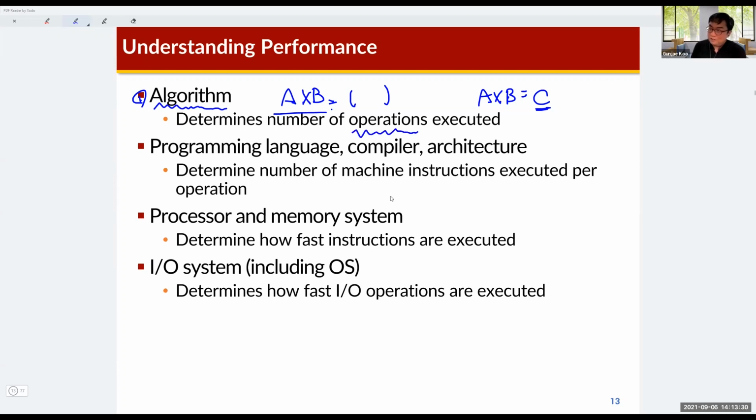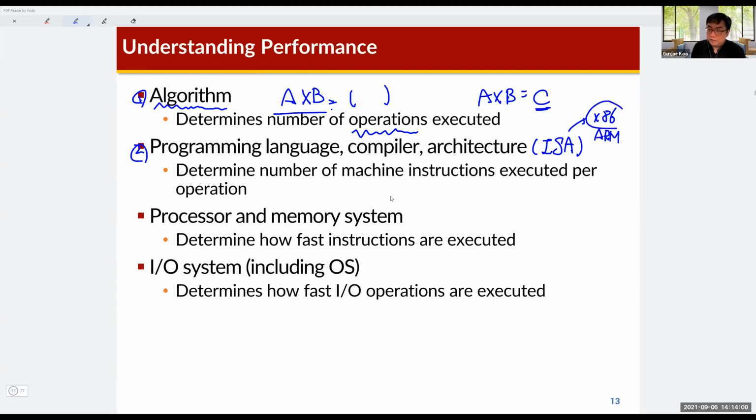What is an operation? Something like additions, multiplications, and so on. Those are the operations. And another factor is the programming language, compiler, and architecture. Architecture means instruction set architecture, such as x86 or ARM.